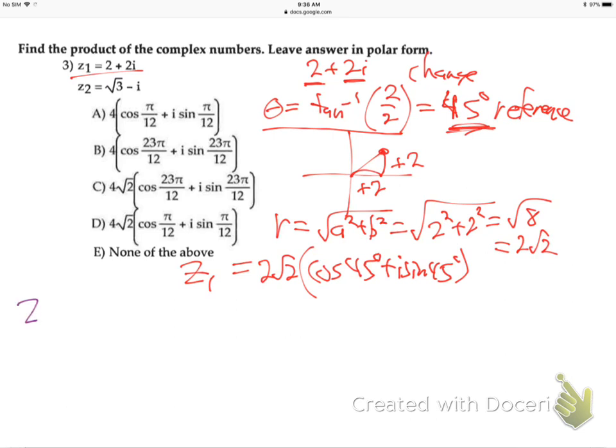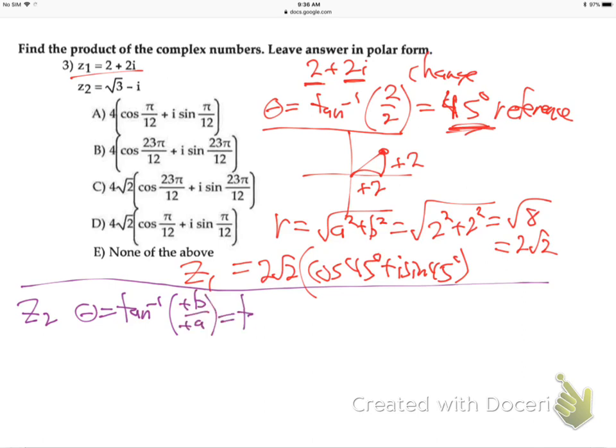So Z2, same kind of thing. I'll do that down here. Again, you got to do the theta, inverse tangent on that. When you do the inverse tangent, remember again, it's the positive b over the positive a. So b is 1, a is root 3.